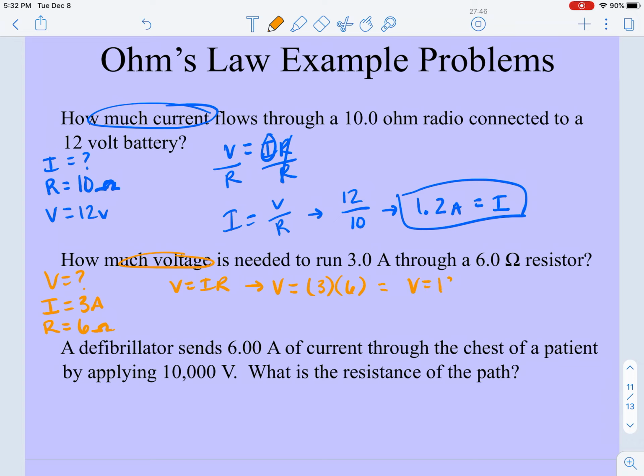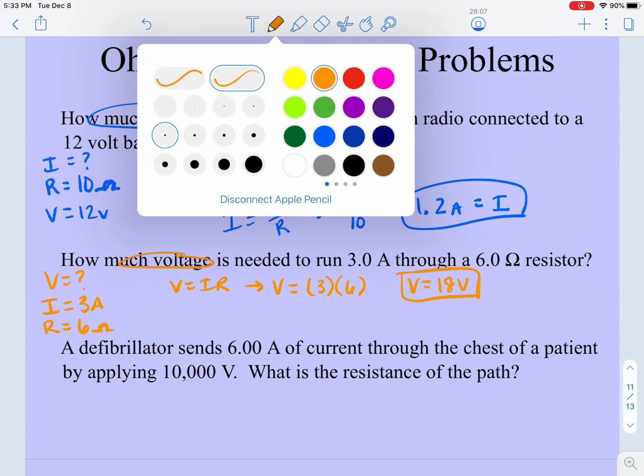This time, no algebra needed. I am simply going to multiply 3 times 6, and that's going to give me 18. And we needed 2 sig figs here, so perfect. And my unit for voltage is volts, so 18 volts.